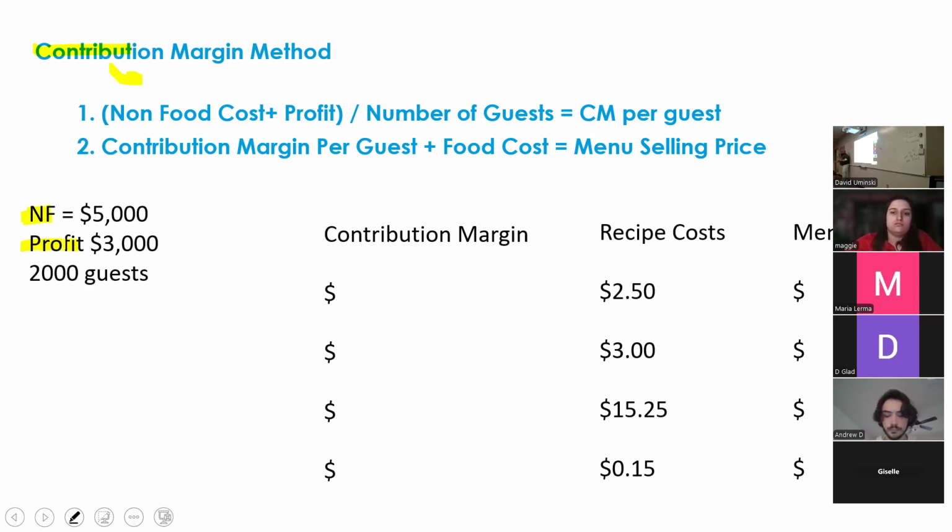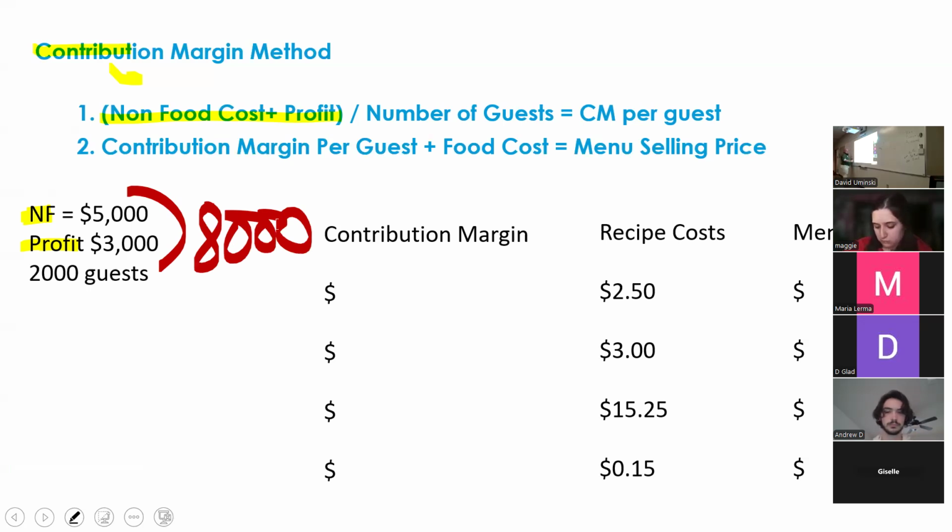We add those two numbers together, our non-food cost and our profit, and we divide by the number of guests. That is our contribution margin per guest. So in this example, what is 5,000 plus 3,000? 8,000.